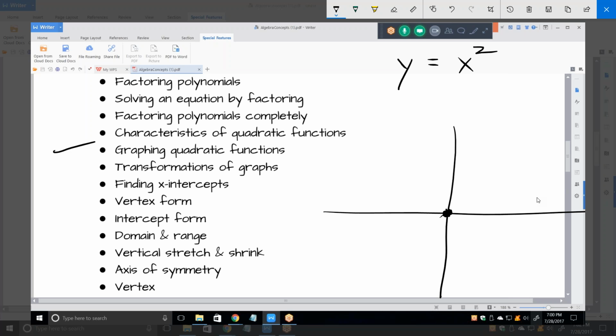If x is 1, what's y? Plug in x of 1. What's 1 squared? 1. So 1 comma 1 is... Oh, okay. Got it.